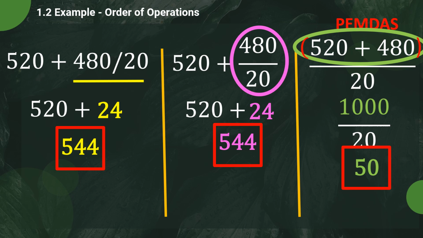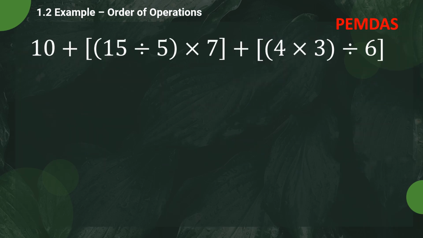Okay, let's take a look at another problem. Now, this is a big problem. So let's take a look at this problem and kind of dissect it first and see what we have. So when we look at PEMDAS, we have 10 here kind of sitting off by itself. We have some brackets and parentheses.